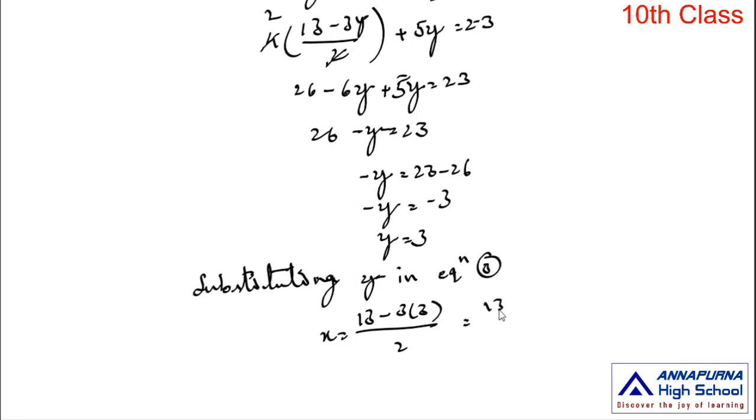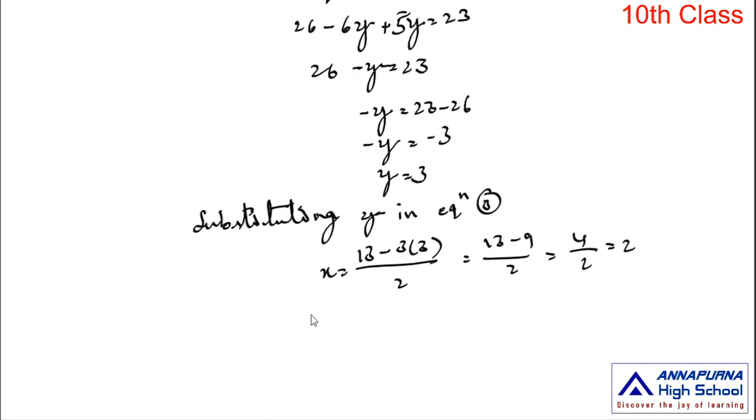So it is equal to (13 minus 9) by 2, which is 4 by 2, equal to 2. So therefore the solution is x is equal to 2 and y is equal to 3. So this is the solution.